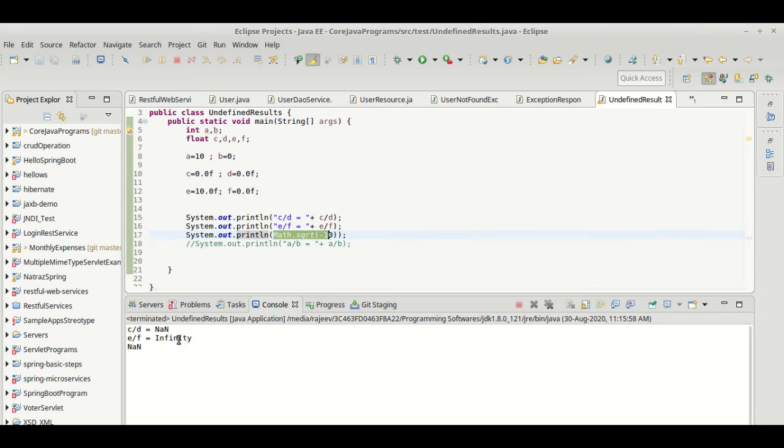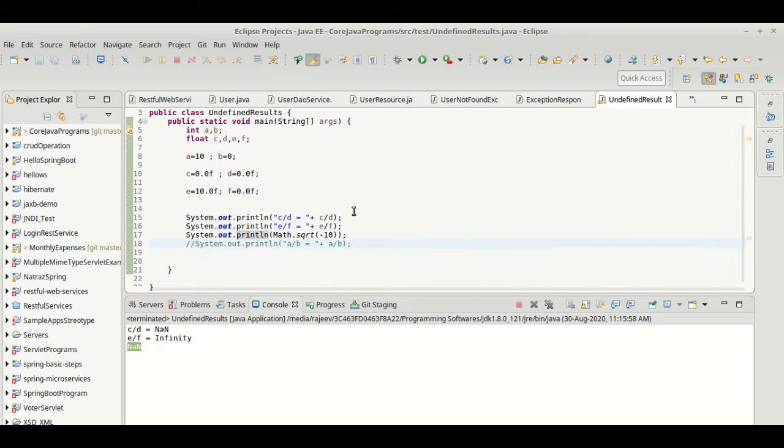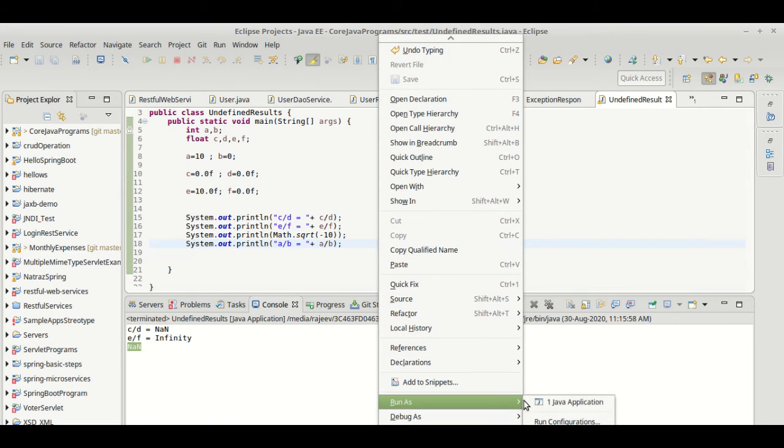And again we are calling math.sqrt, so we get NaN, meaning we can't get the square root of -10. That's why it is NaN. And the last one, a divided by b, will give an arithmetic exception, because we are dividing an integer value by 0.